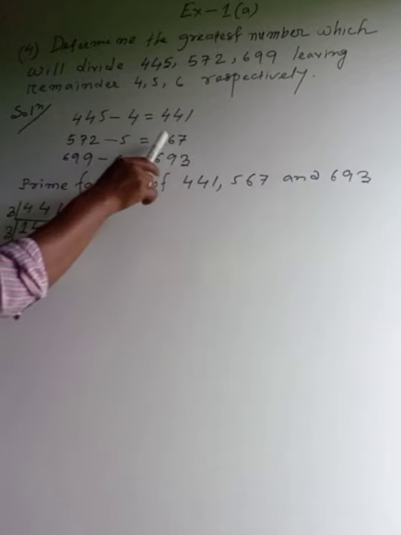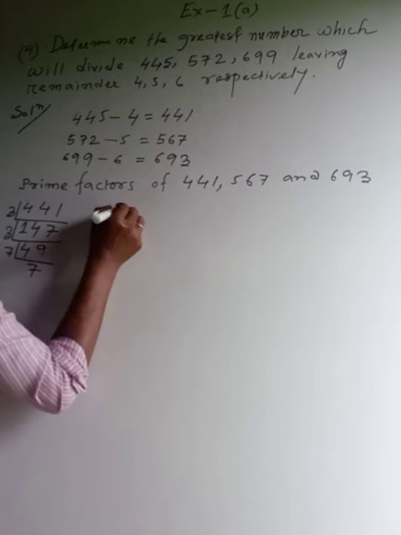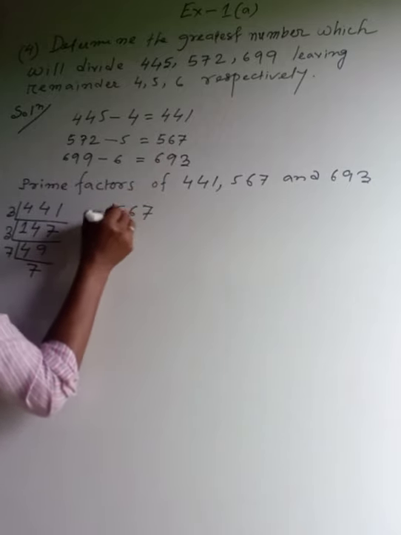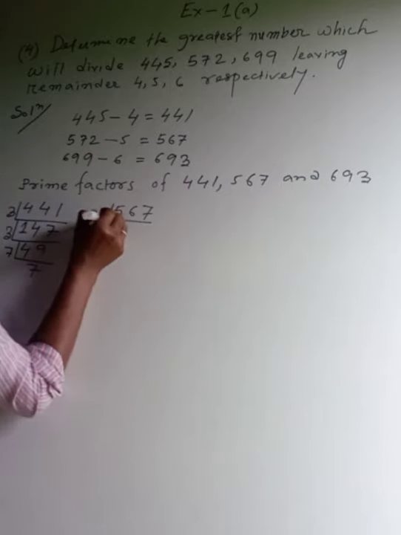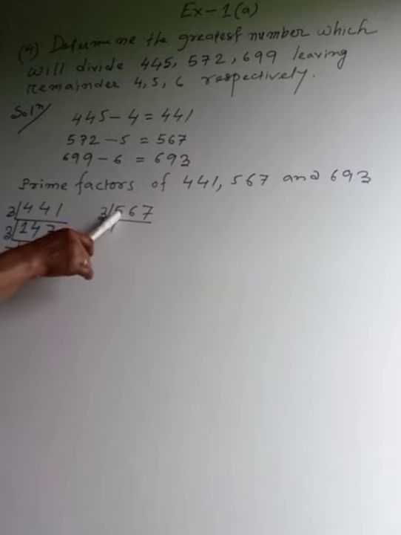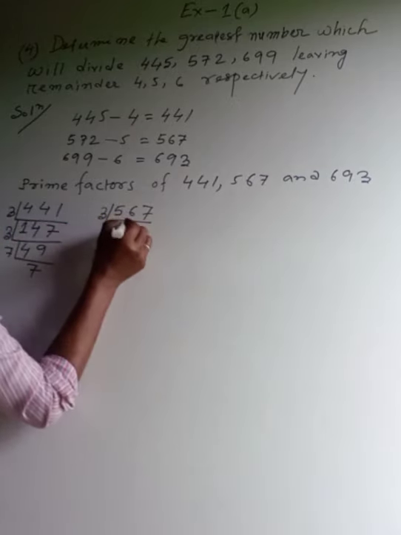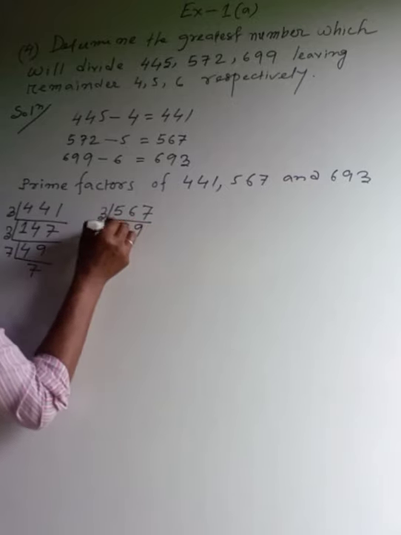Similarly, we can go for the next number, 567. We can also try with 3. 3 ones are 3, remain 2. 2 and 6, 26. 3 eights are 24, remain 2. 2 and 7, 27. 3 nines are 27.